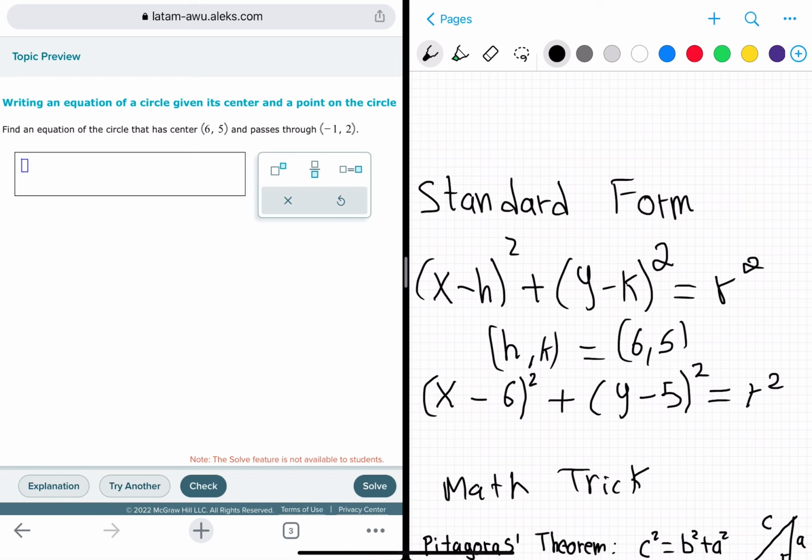If you have seen in geometry, whenever you are working with right triangles, remember right triangles are those triangles that have one of their angles as 90 degrees.